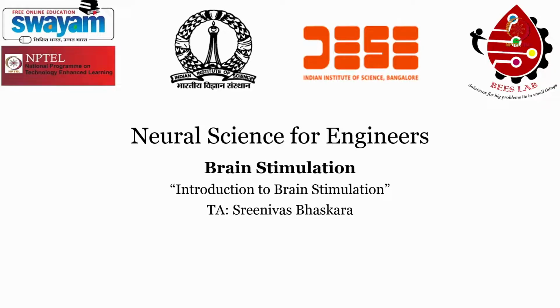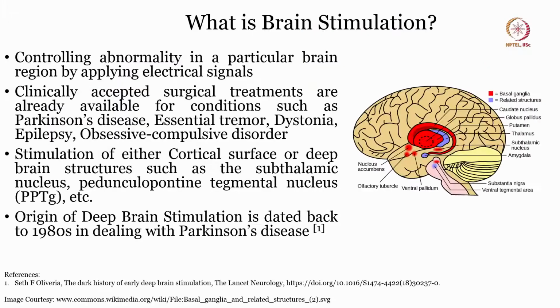If you see the slide, brain stimulation is generally controlling abnormality in a particular brain region by applying electrical signals. Let us understand what this abnormality is. Let us say I want to move a hand.